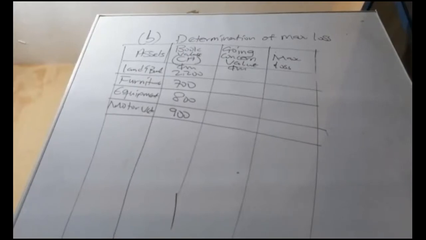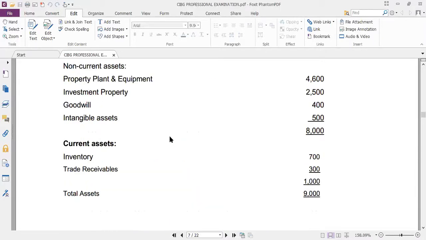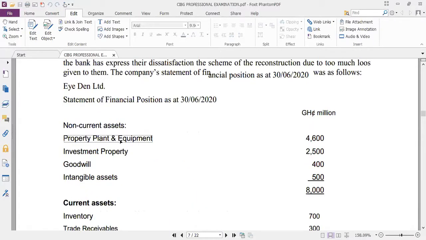So now let's go and pick the remaining ones from the financial position. And then we continue. PPE, we listed them. Investment property, 2,500. Goodwill, 400. Intangible is 500. And then that's perfect. So let's continue the game.